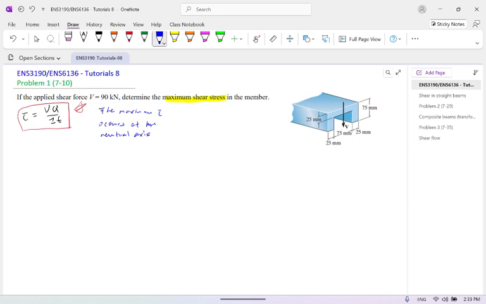Clear? Why? Because at the neutral axis it will be a large value, and at the surface it will be 0. So from here we get this idea.